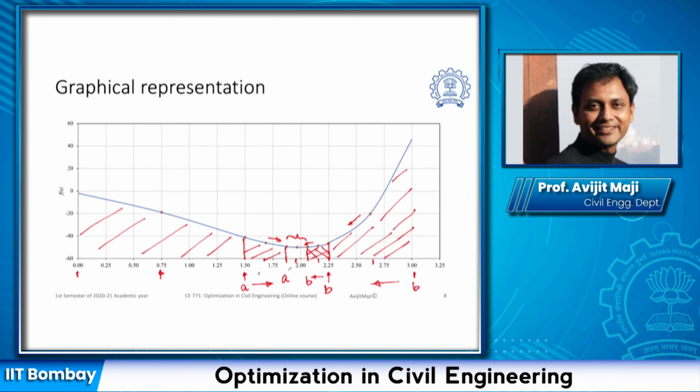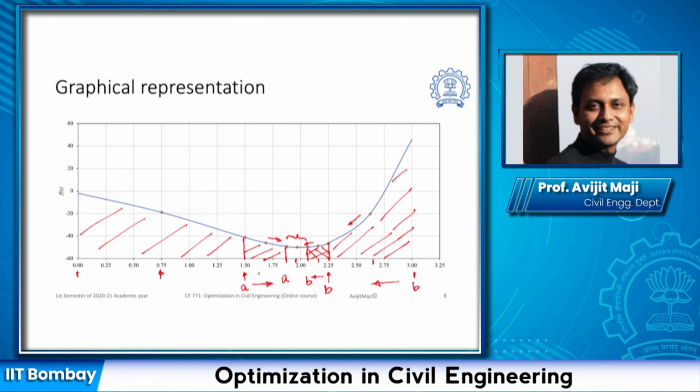So that was about this particular method, where we eliminated the region by 50% at every iteration. We could see that at every iteration we are reducing the region by 50%.